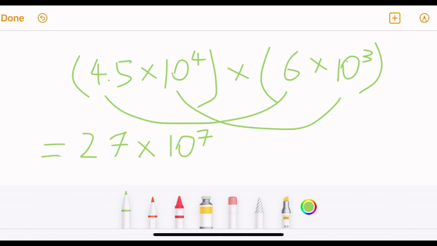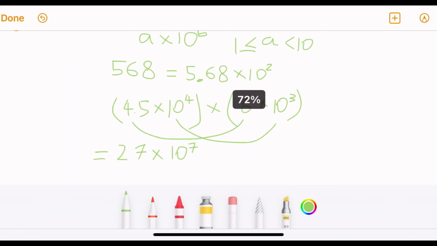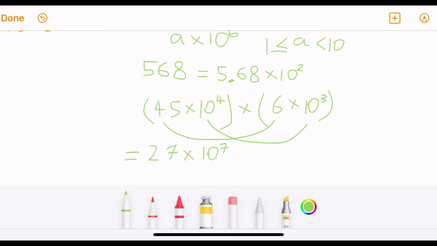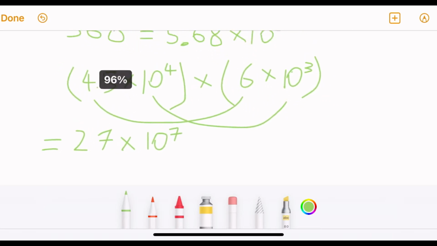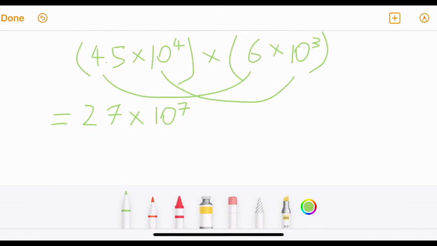And 27, we said that a should be between 1 and 10. Therefore, 27 is not between 1 and 10. We're going to make it between 1 and 10. So it will become 2.7 multiplied by 10 to the power of something. But that something we still need to find. Now, to find that indice, what are we going to do to 27 to get 2.7? Well, we divide it by 10.